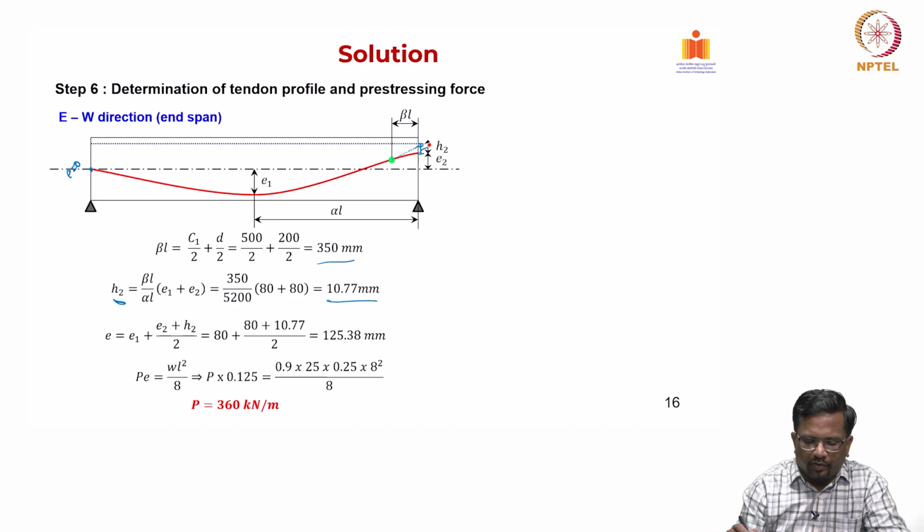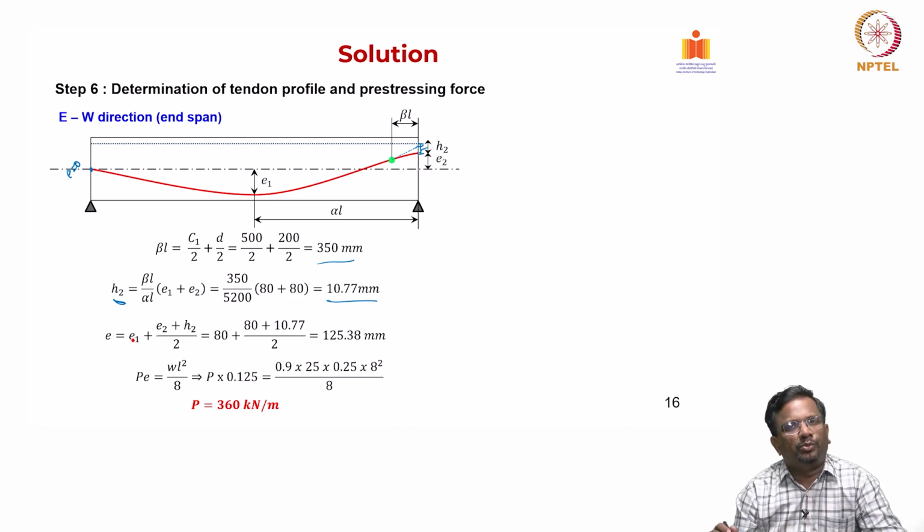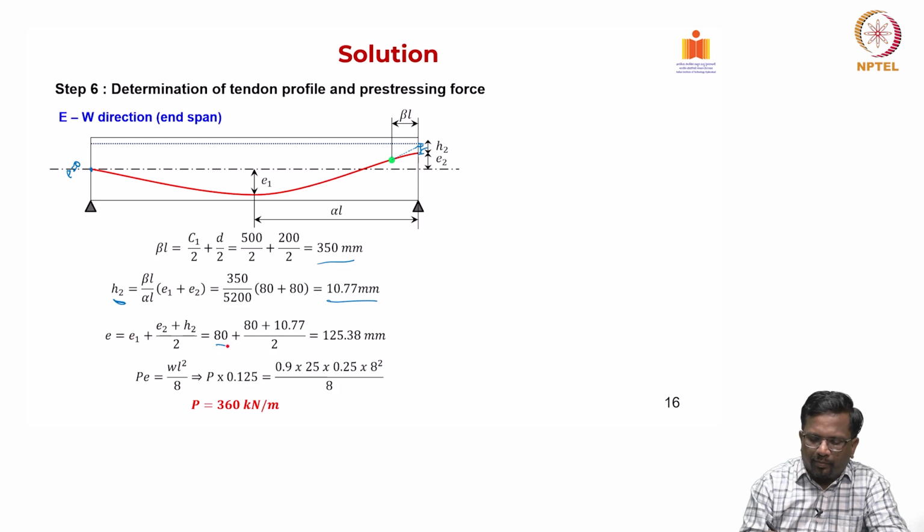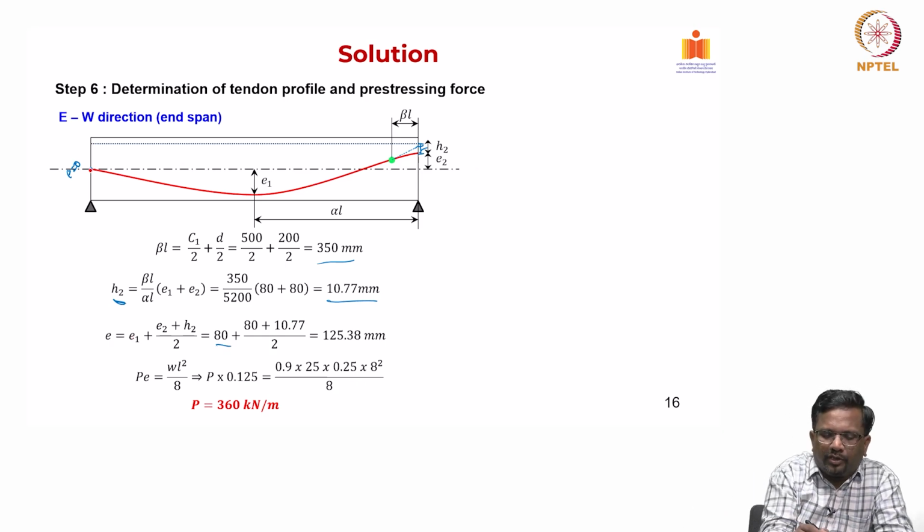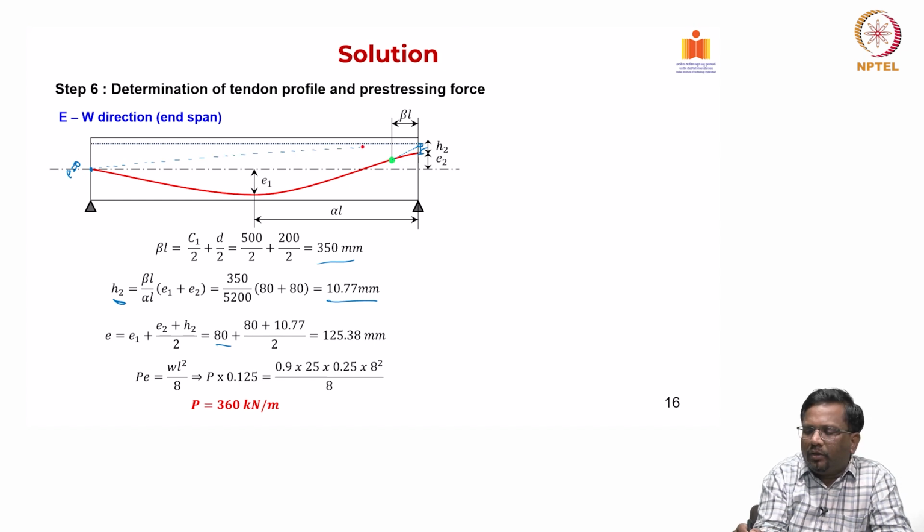Now that we got this H2, what is the actual drape? Drape will be E1 plus E2 plus H2 by 2, which is 80 plus. So, this drape is basically what you are measuring from here all the way to this.